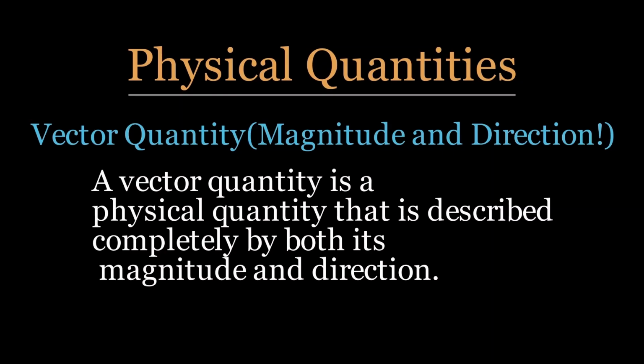So a response would be that the displacement of the object from point A to point B is maybe 50 meters east of point A. So that's what I mean by a vector quantity.